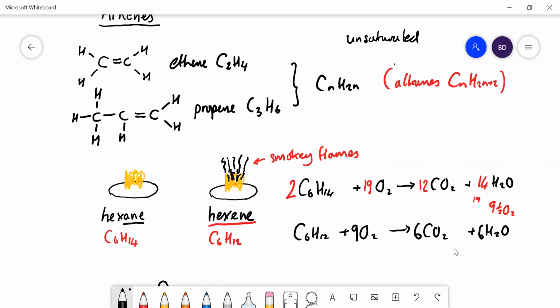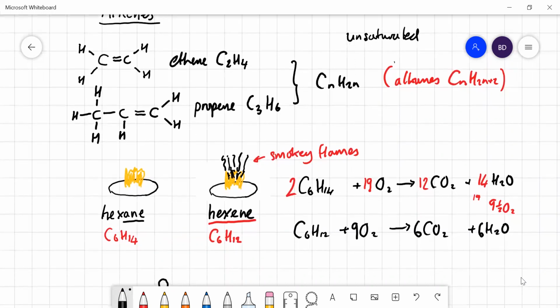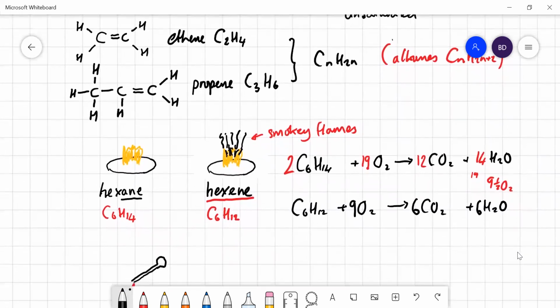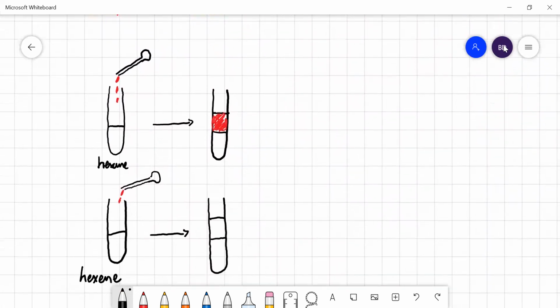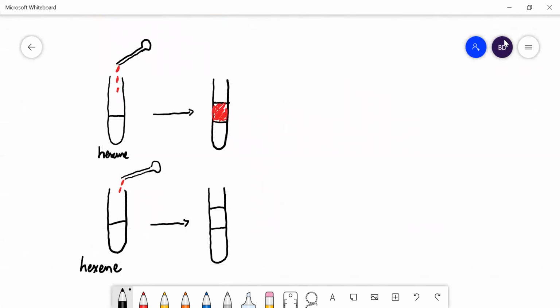Now, when alkenes react, and they are, as I say, more reactive than alkanes, they can do other things than just burn. What happens is the double bond breaks, and this reaction forms the basis of the test for an alkene, or test for a carbon-carbon double bond.